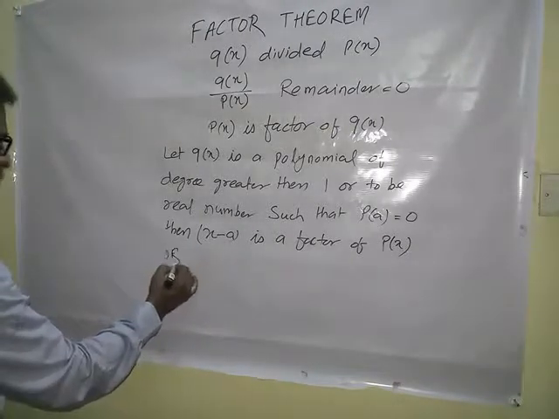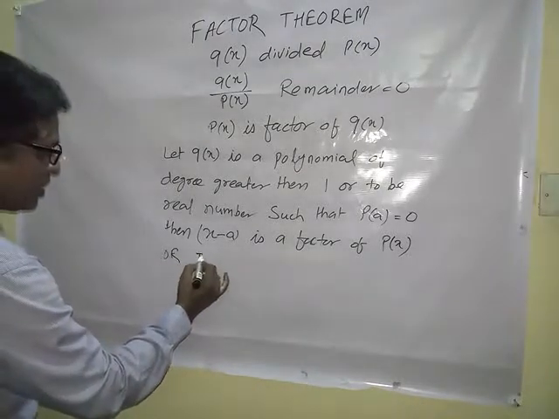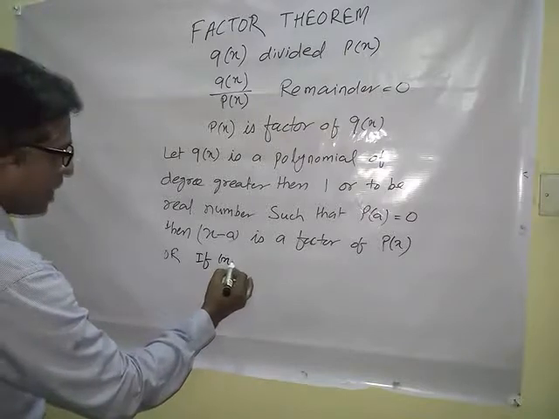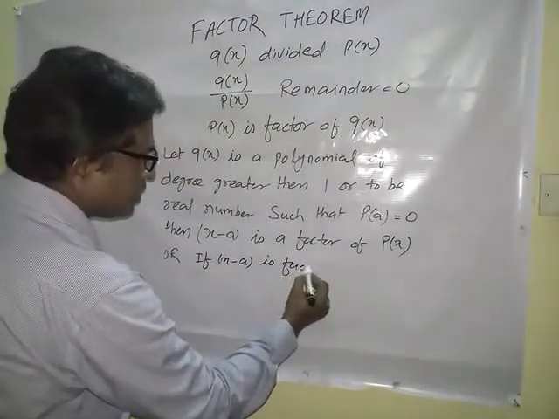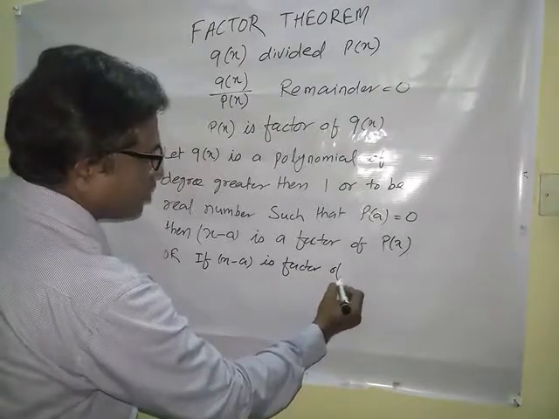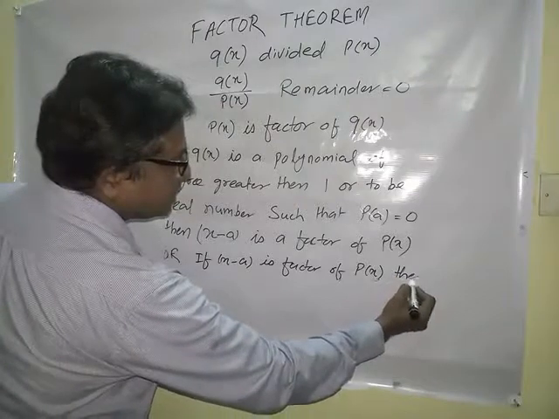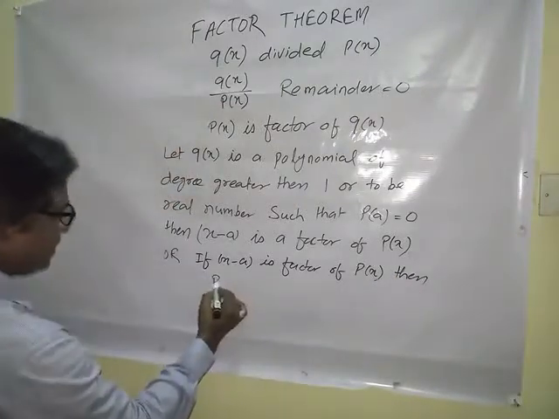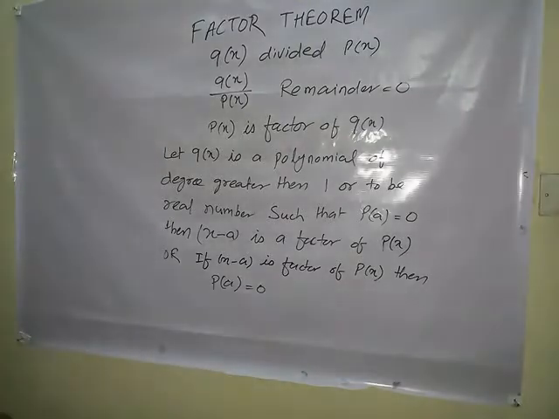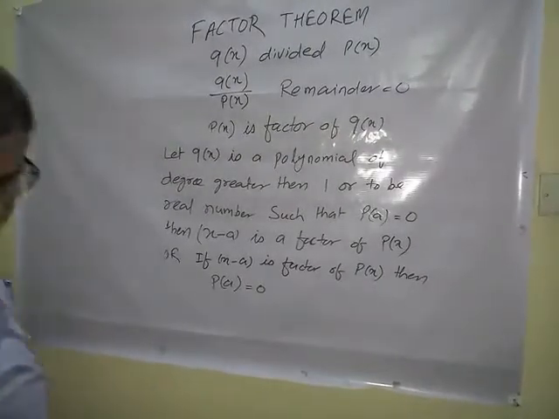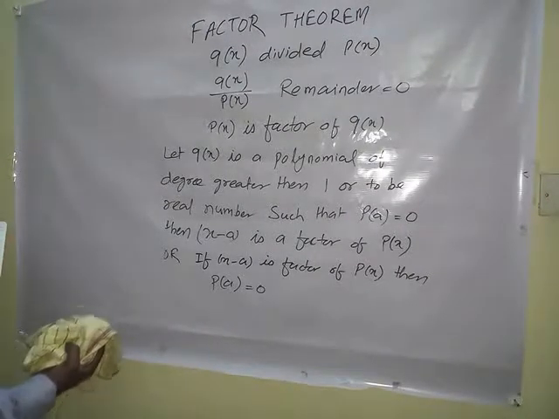Or we can write it this way: if x minus a is a factor of P(x), then the remainder P(a) is equal to 0. That is what we have learned in the remainder theorem also.